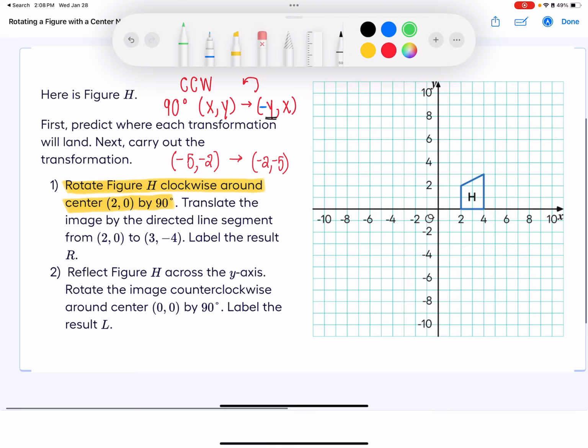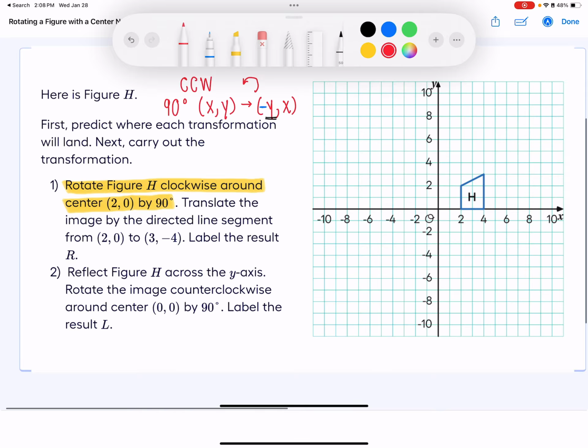And whatever this first value is, my new x, I'm going to write the opposite sign. The opposite of negative 2 would be positive 2. So I would really have (2, negative 5). So that's my example, and we're going to revisit this later. So just keep that in mind.